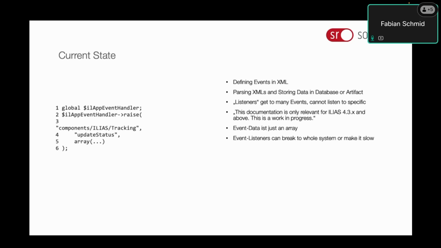And one of the biggest problems the current implementation has: a listener gets an event, for example the update status. If this listener does something which breaks the system, which triggers an error, which triggers an exception, it breaks the whole system.